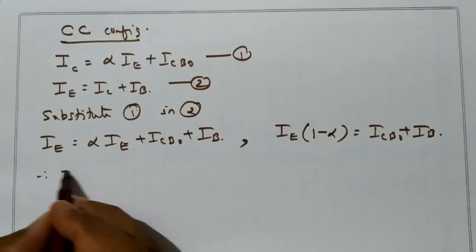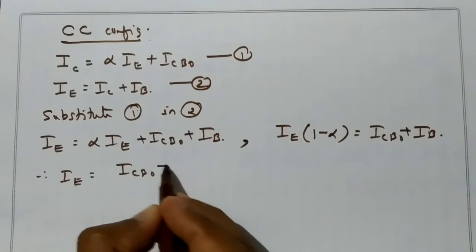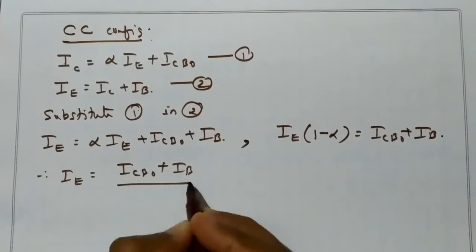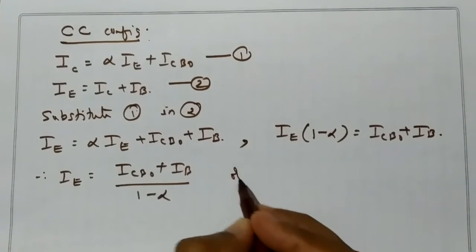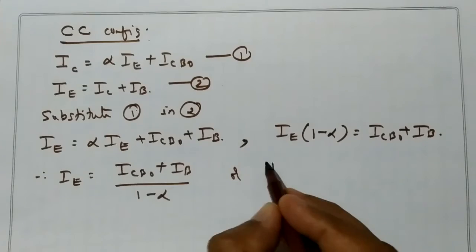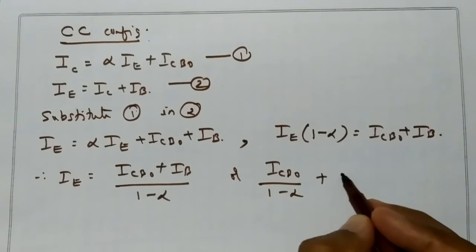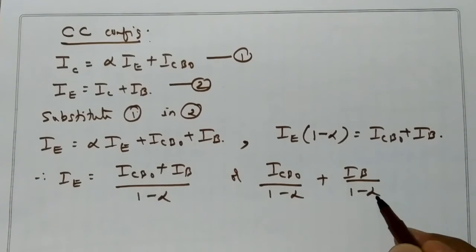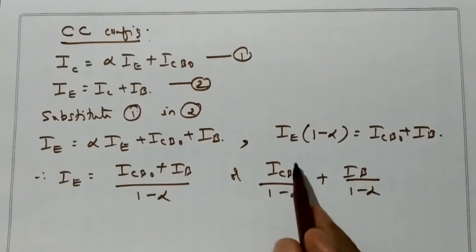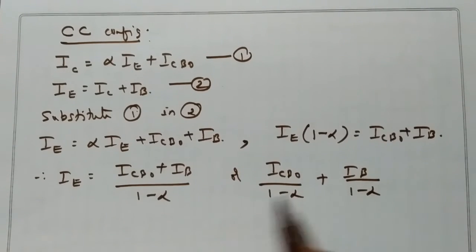Therefore, IE will be equal to ICBO plus IB divided by 1 minus alpha. Or I'll split this, that is ICBO divided by 1 minus alpha plus IB divided by 1 minus alpha. What is 1 by 1 minus alpha? So we have derived the equation, that is equal to gamma.